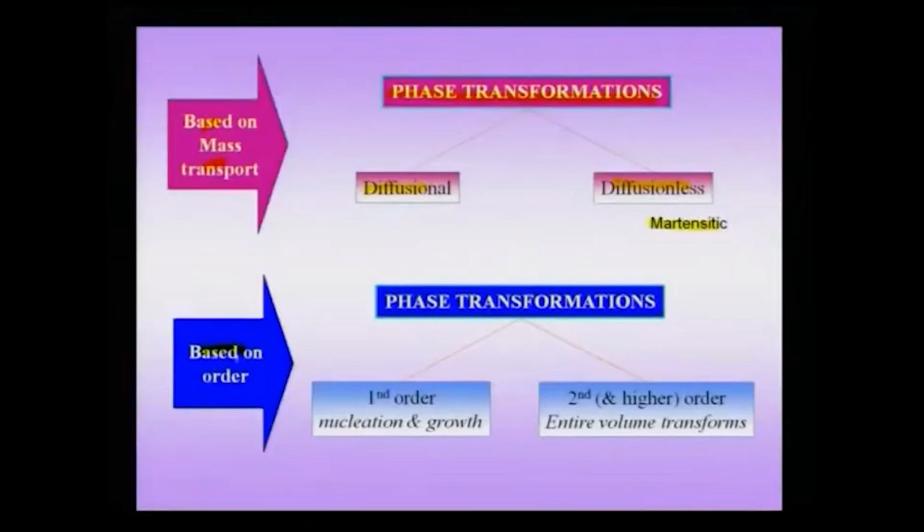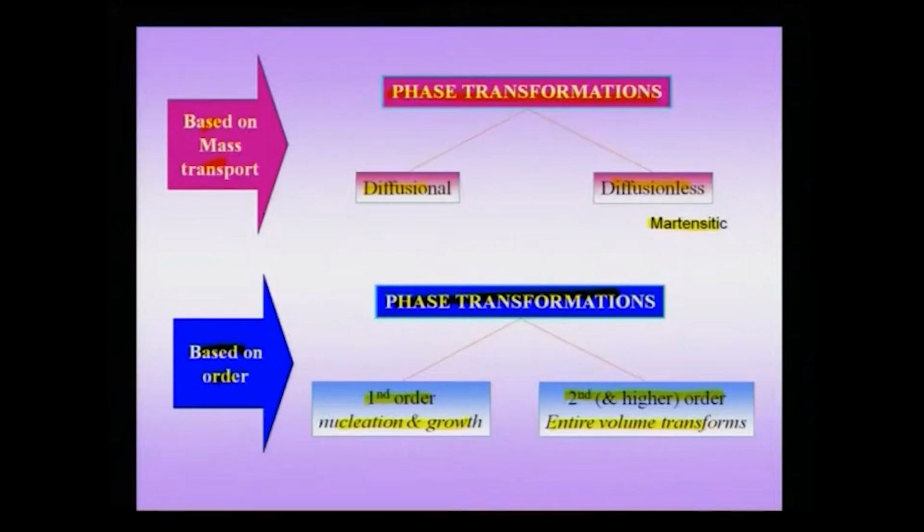In fact, in martensitic transformation, the transformation front can move almost at the shear wave velocity of sound in the material. Based on order of the transformation, phase transformations are typically classified as first order, which involve nucleation and growth, and we also have second order transformations wherein the entire volume transforms.